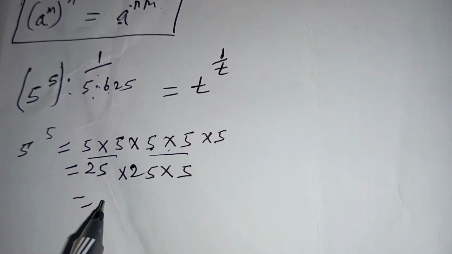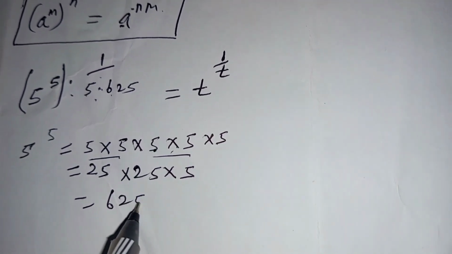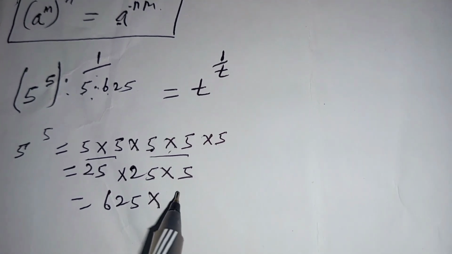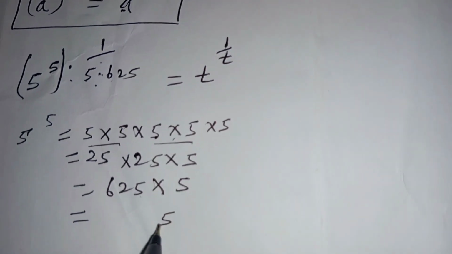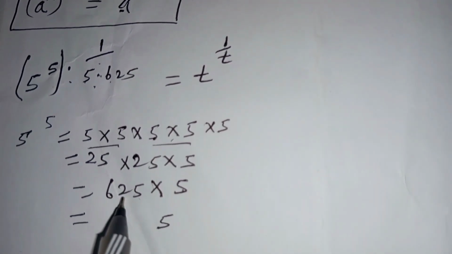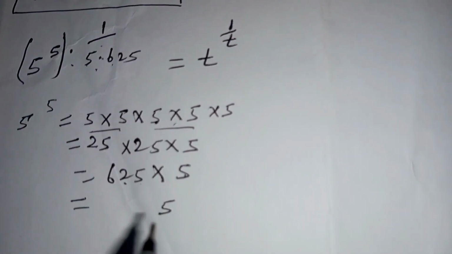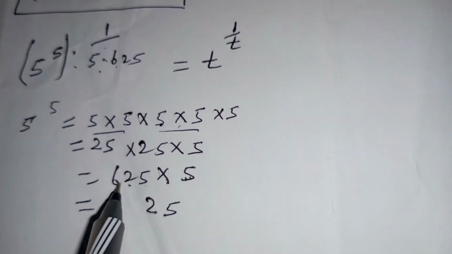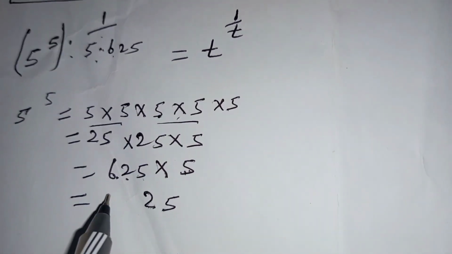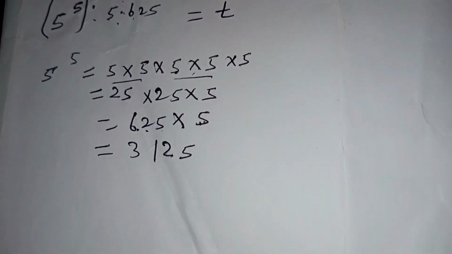Then 25 times 25 is 625, multiplied by 5. 5 times 5 is 25. 5 times 2 is 10 plus 2, 12. 5 times 6 is 30 plus 1, 31.